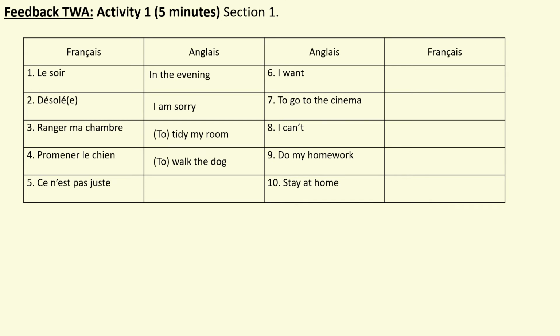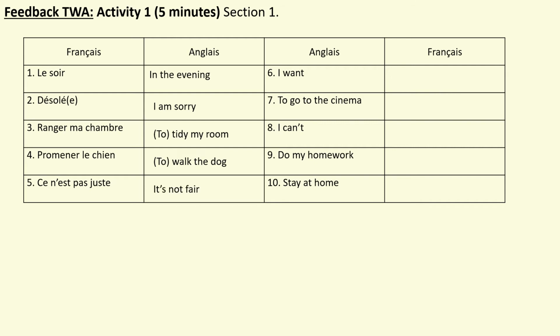And I must to tidy my room doesn't make sense. And so je dois ranger ma chambre and je dois promener le chien. I must walk the dog. So that's why I've got rid of the 2, but literally on its own without the verb devoir in front of it, it also means the 2 because it's got its er ending on the end, which makes it an infinitive. So I accepted both answers there.